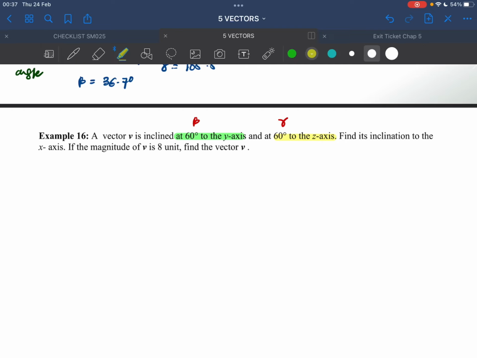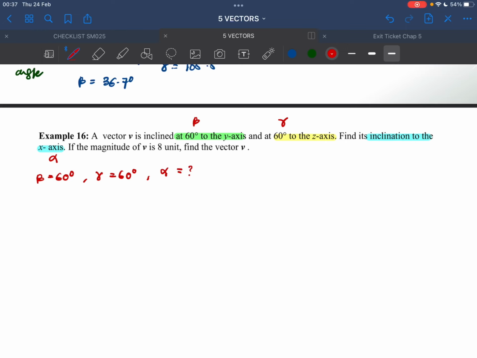The question asks us to find its inclination to the x-axis, so we have to find alpha. That is what we have to find. So we have beta equals 60 degrees, gamma equals 60 degrees, and we also have alpha that we want to find.